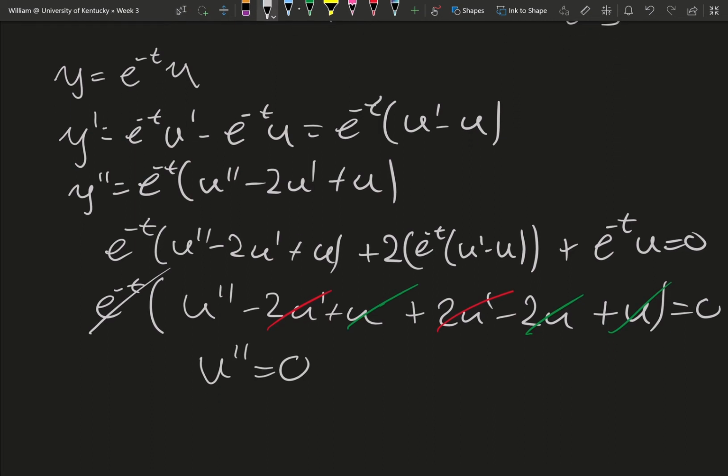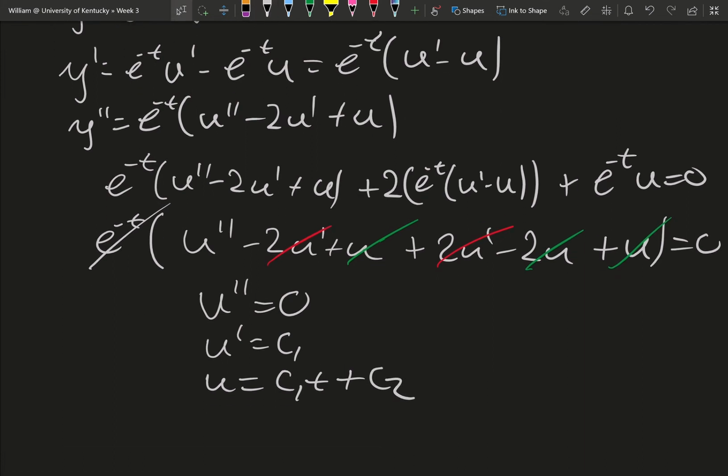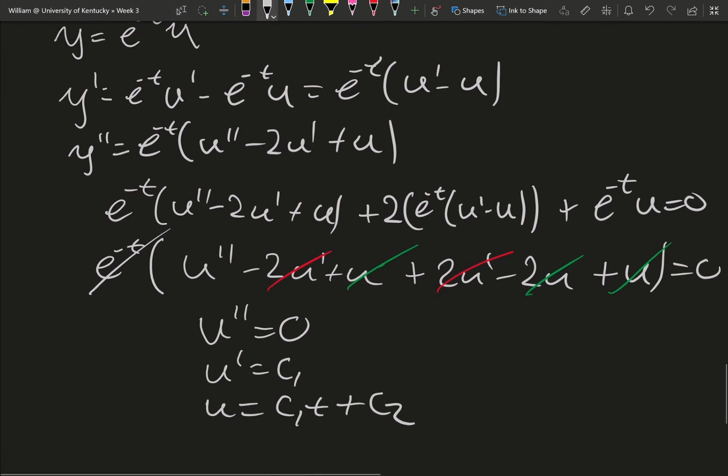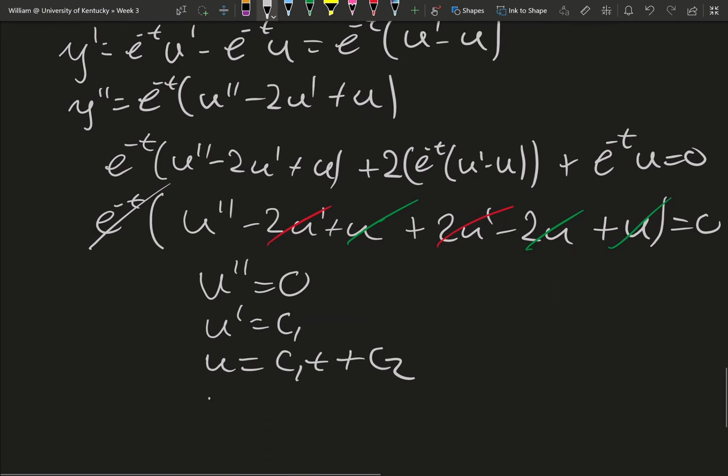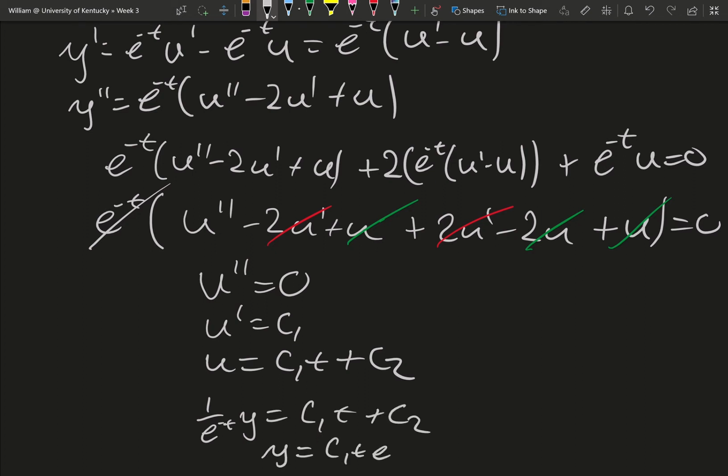So we can repeat: u prime equals c1, u equals c1 t plus c2. And if we recall our substitution, 1 over e to the negative t times y equals c1 t plus c2. So y equals c1 t e to the negative t plus c2 e to the negative t.